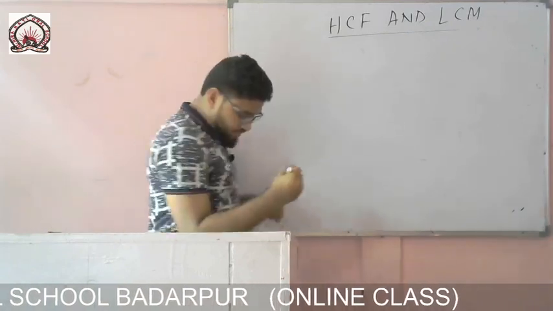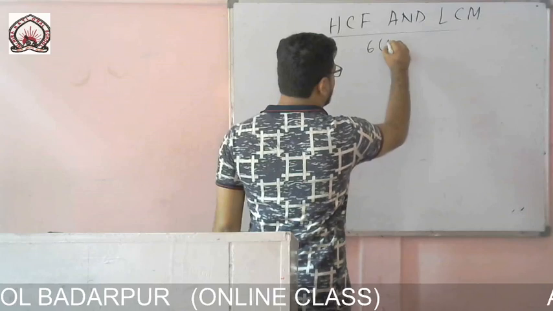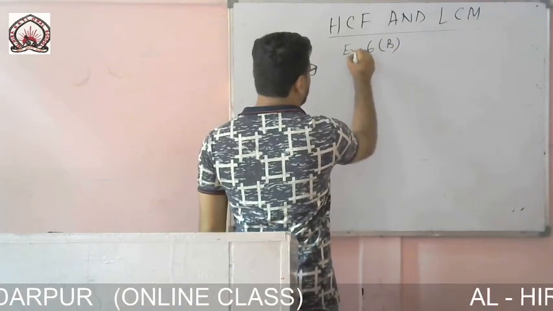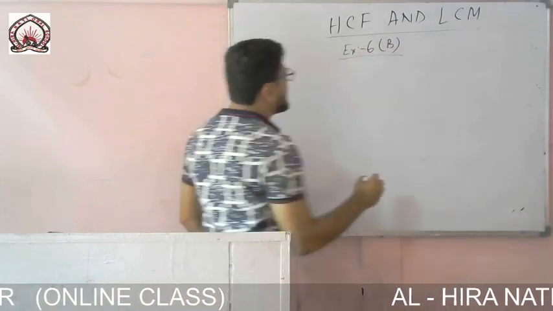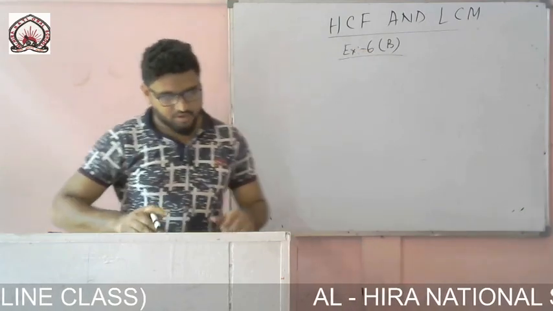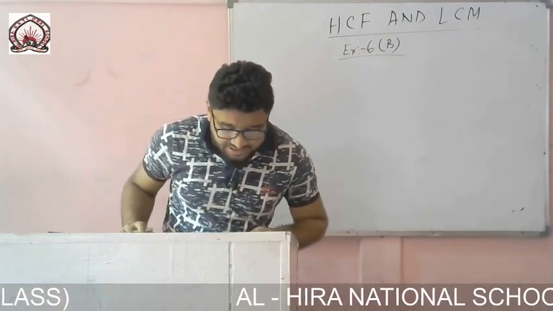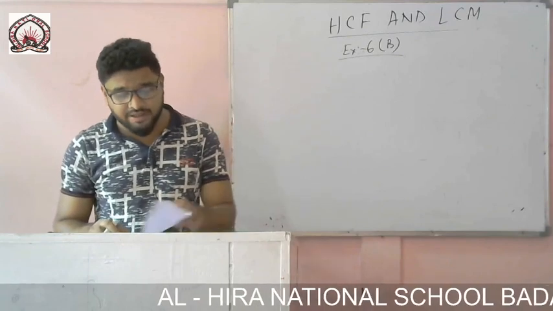Exercise 6b. Find the greatest number that will divide 54 and 81 without leaving a remainder.